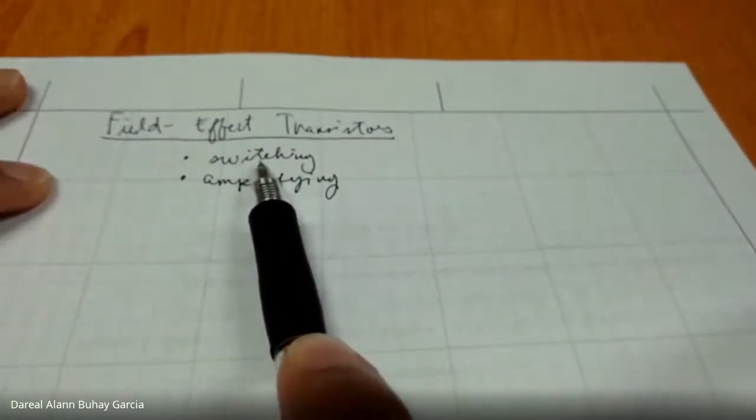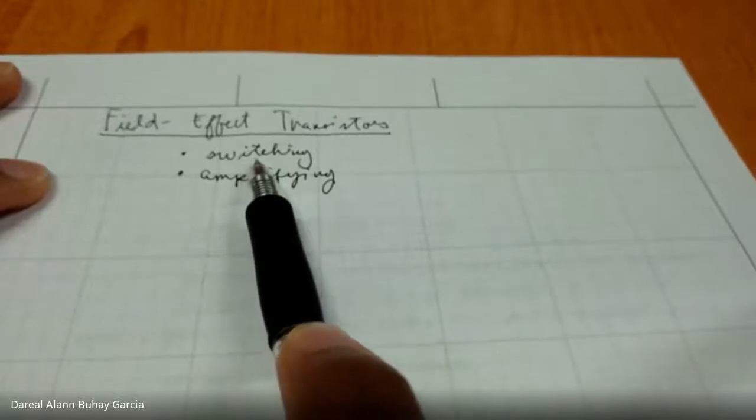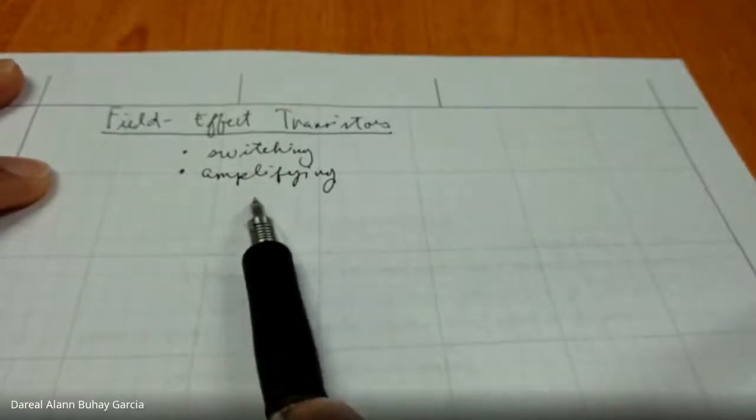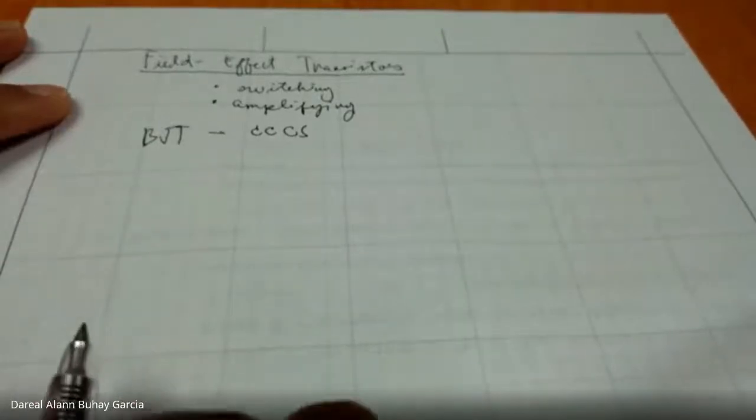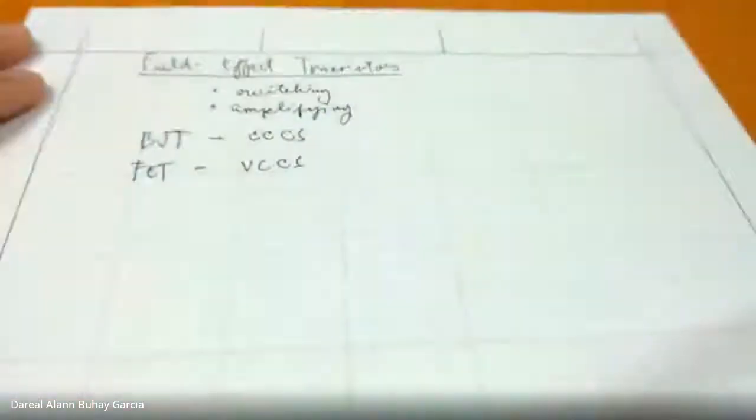FET circuits can be used in switching applications and for amplification. As compared to the BJT, which is a current-controlled current source, as pointed out by you guys in your notes, the FET is a voltage-controlled current source.